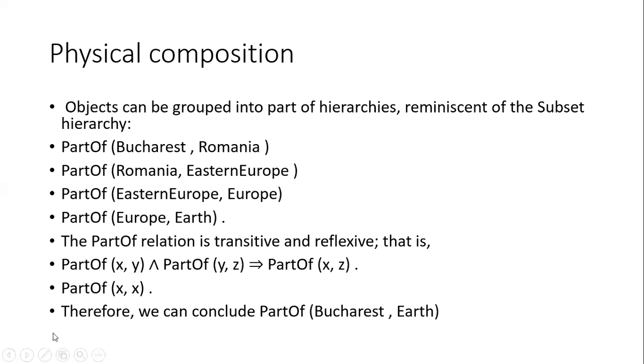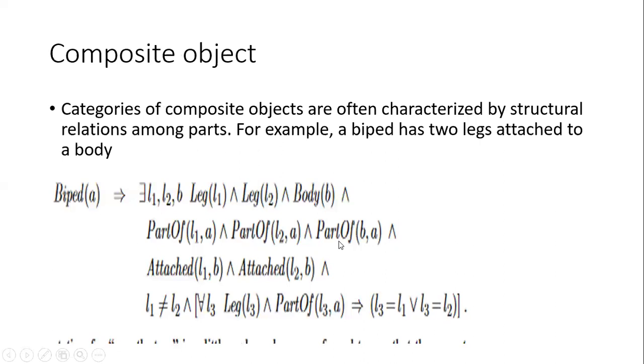So if PartOf(X, Y) and PartOf(Y, Z) are true, then we can say PartOf(X, Z). Reflexive is the same thing, that is PartOf(A, A). So at last we come to the conclusion that Bucharest belongs to Earth.